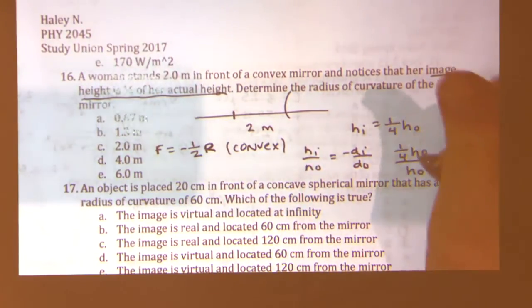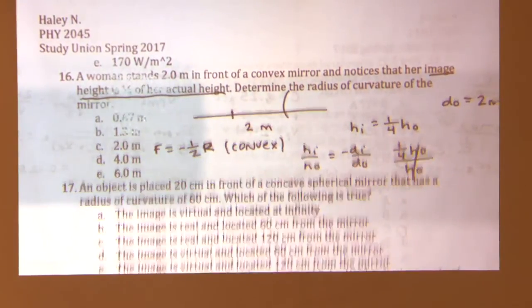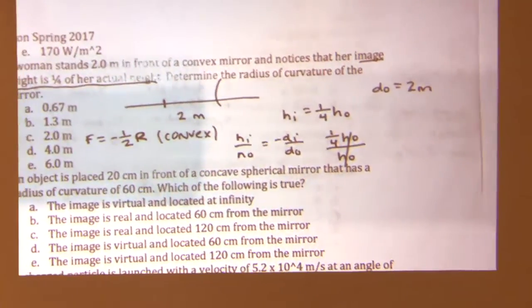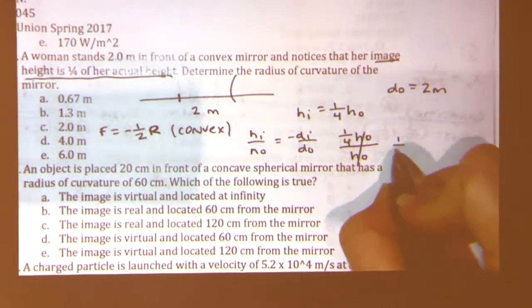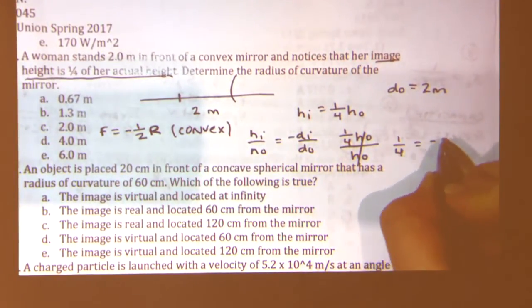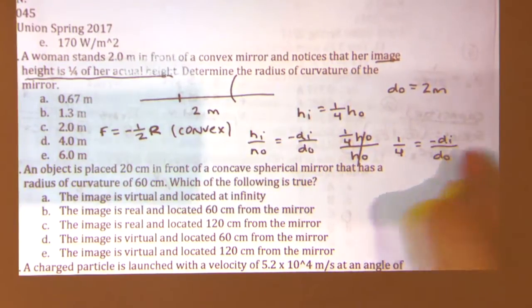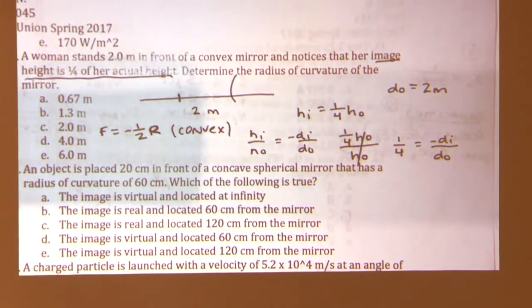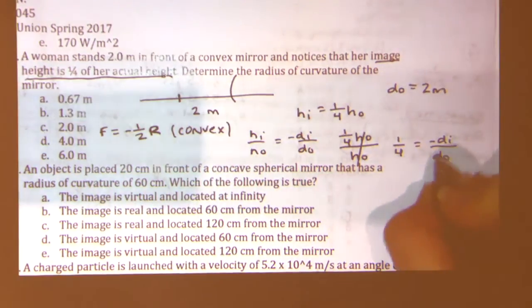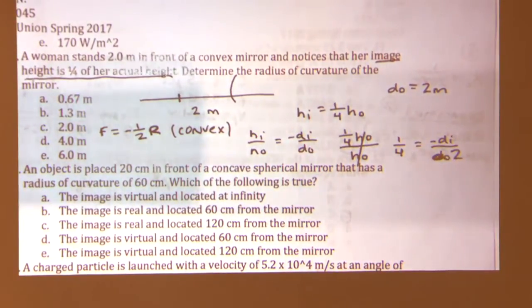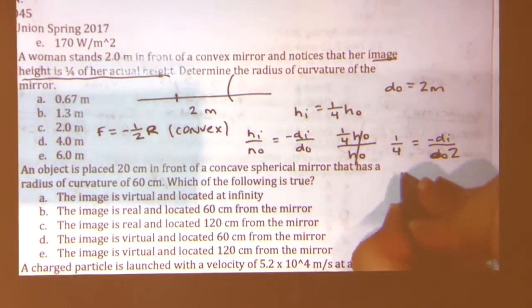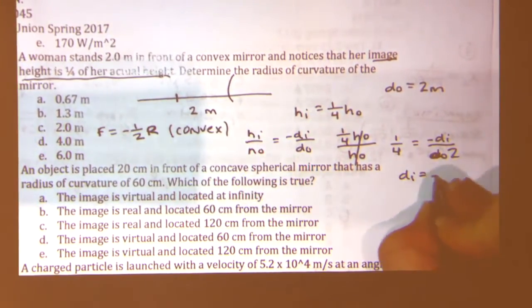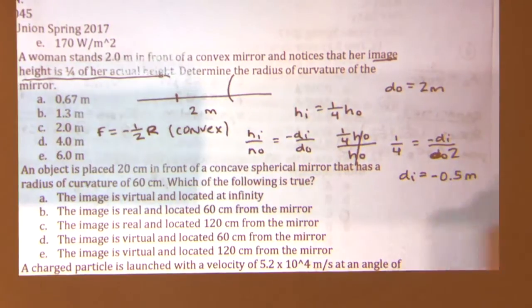So now those HOs will cancel. After that, we just get 1/4 is equal to -DI over DO. We have the distance of the object is 2. So now we can solve for DI. And that DI is going to be -0.5 meters.